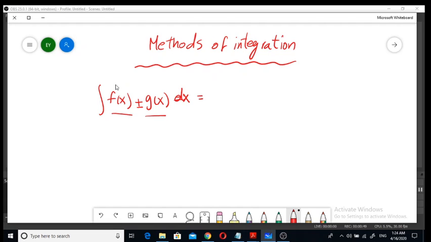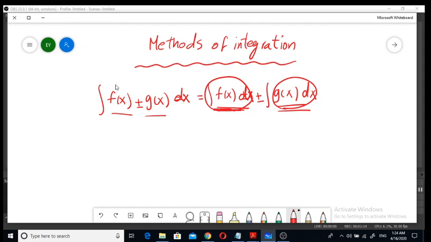So in this case we are going to distribute the integral. This is going to be the integral of f of x dx plus or minus the integral of g of x dx. Then easily we can find the antiderivative of f of x and g of x with respect to x.